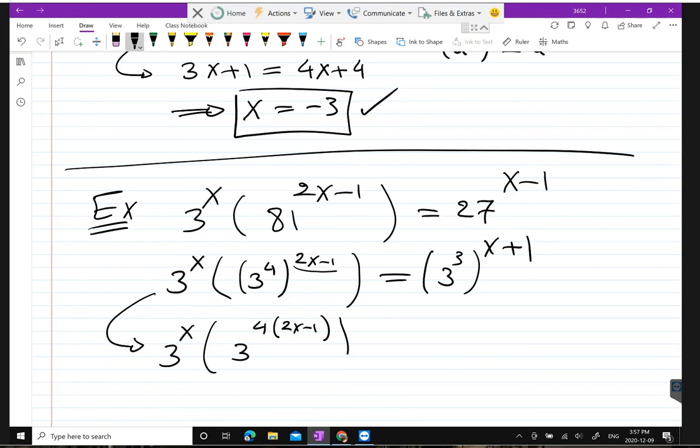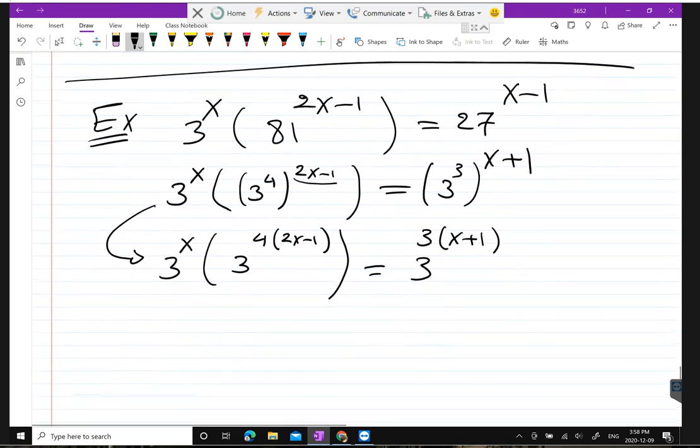If you are afraid sometimes that you may make a mistake, do not use shortcuts. Just do regular usage of the power rule, and then you will get this one, and then you have 3 to the power of 3 times x plus 1. Perfect.